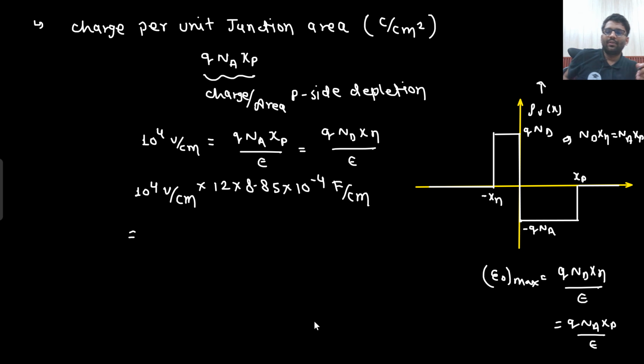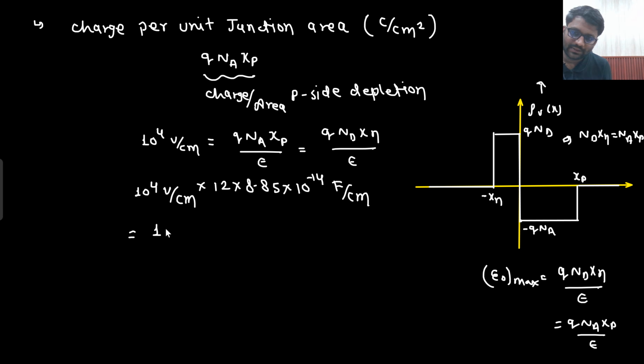12 into 8.85 into 10 to the power minus 14. Twelve into 8.85, so 10 to the power minus 10.